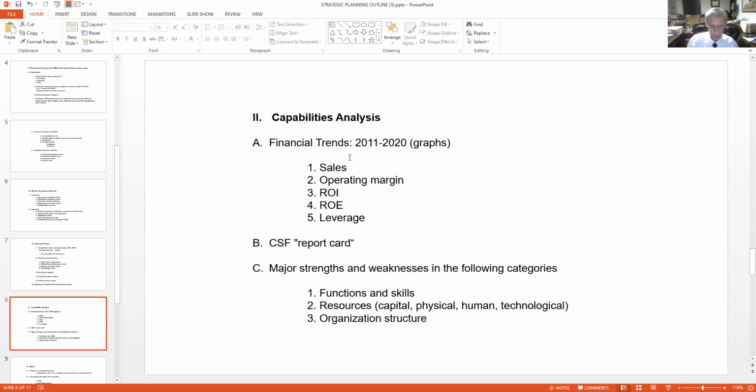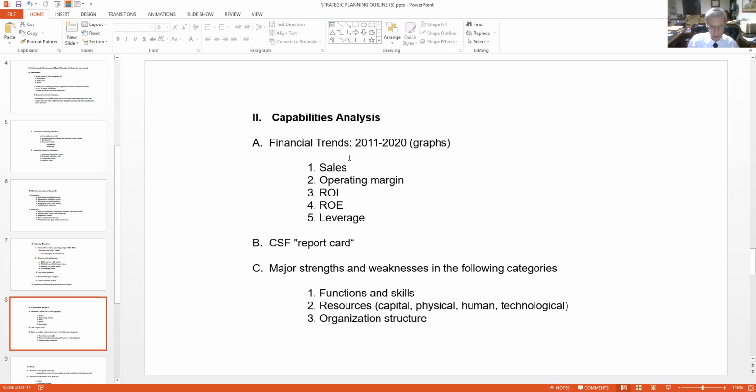Now, you should remember the critical success factor report card from Business 670. But we want to go get those critical success factors that you identified in the industry analysis, and we want to rate your company and its most important competitors, not all of them, the most important competitors, by giving them a grade.